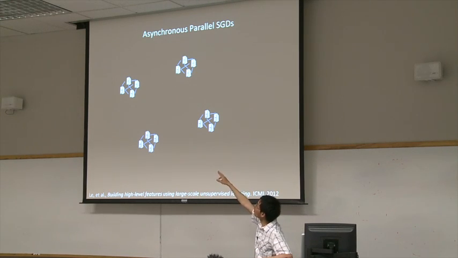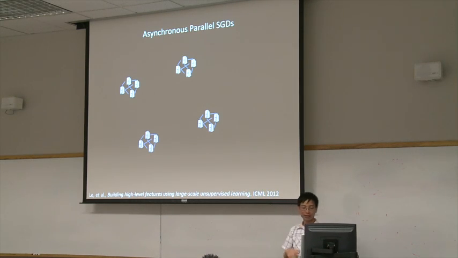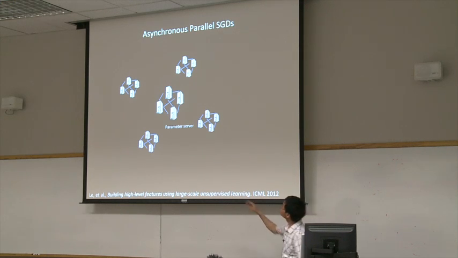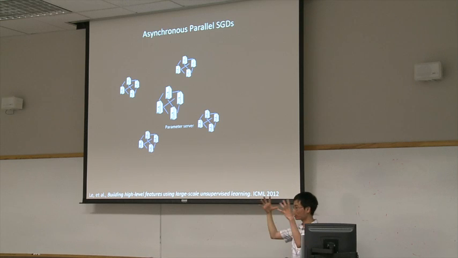We use 100 machines to train it. They train independently. Now we have something called a parameter server that keeps the latest state of the parameters. So this is the entire set of parameters that we have.